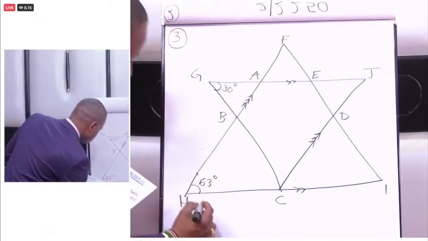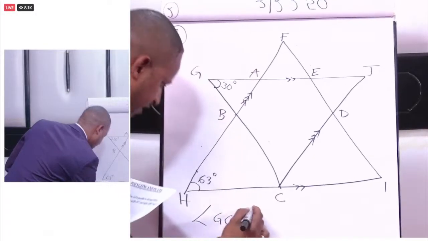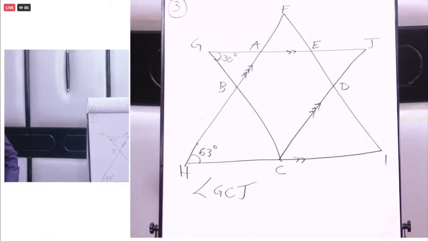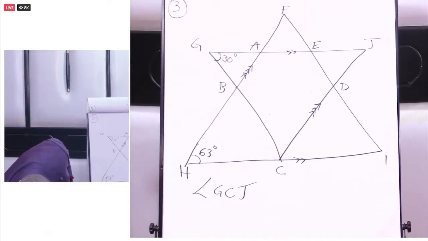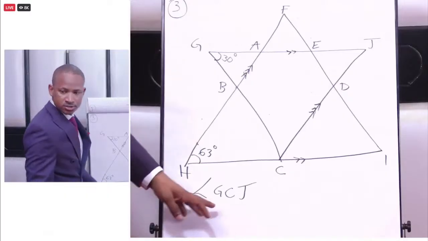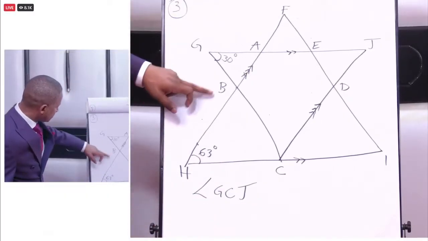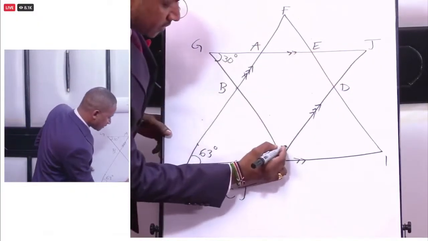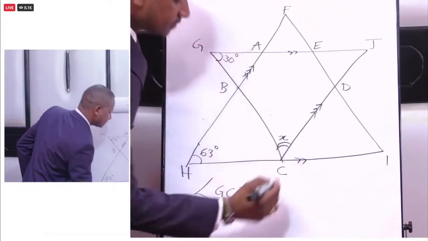Find angle GCJ. Now, angle GCJ, this is the angle that we want. So let's name it angle X.